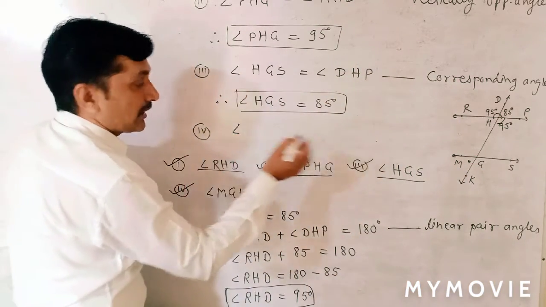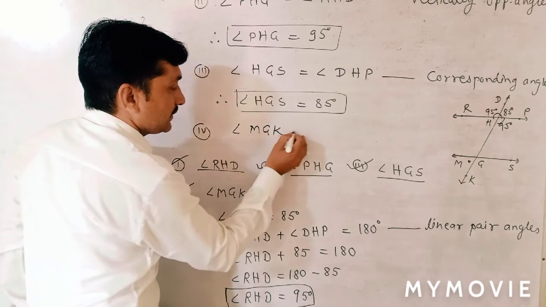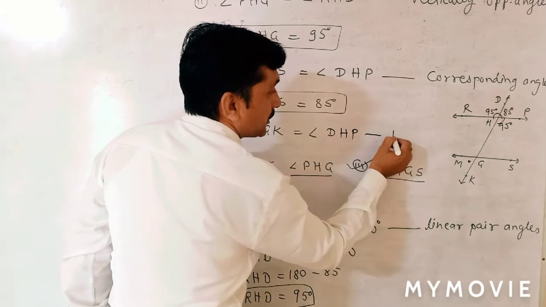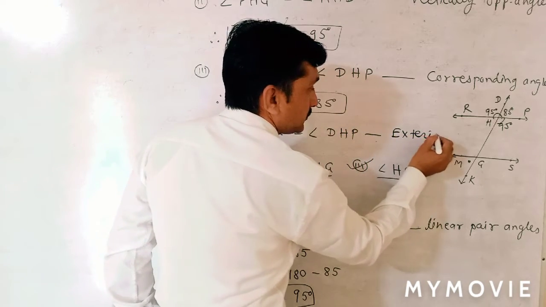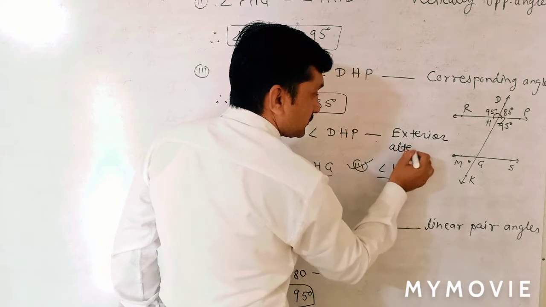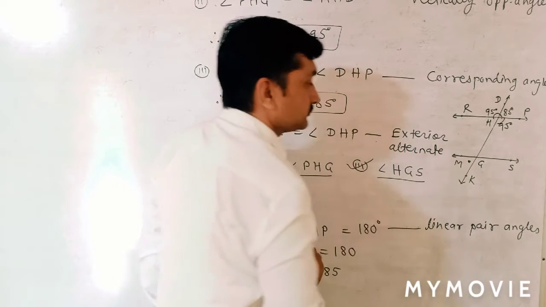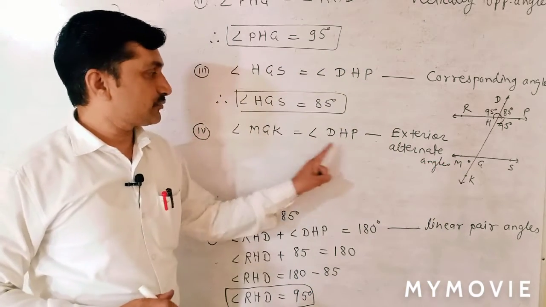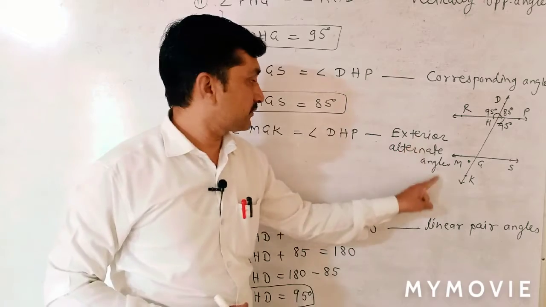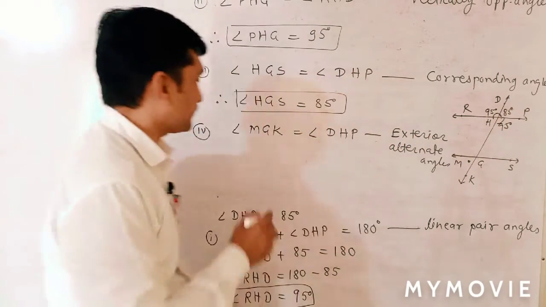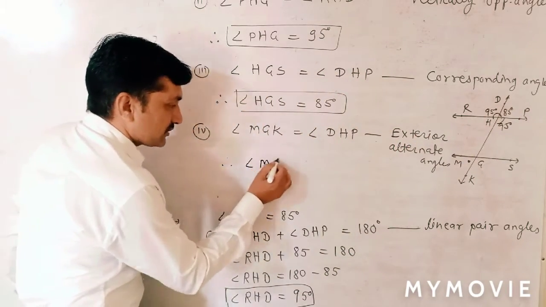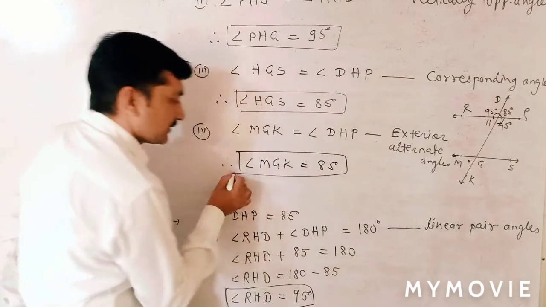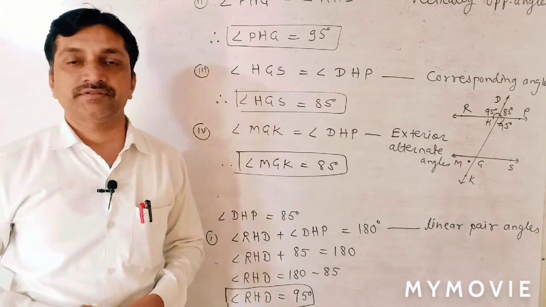Therefore, angle MGK is equal to angle DHP. Reason: exterior alternate angles. MGK is equal to DHP, and we know DHP is 85. Therefore, angle MGK is also 85 degrees. In this way, we got all measures.